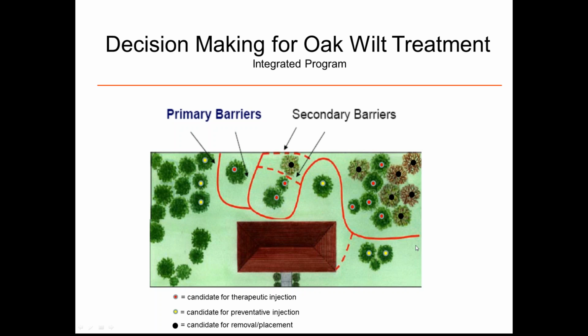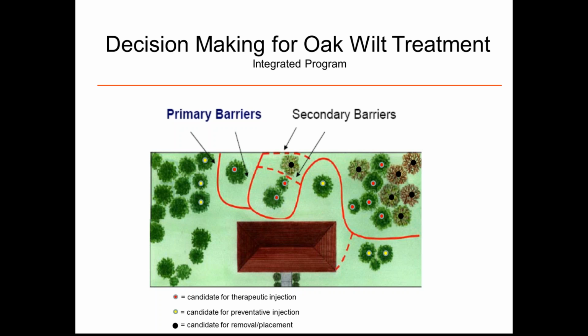We have shown that trenches are about 70 to 80% effective, so you're going to have some breakovers at times, usually because the trench wasn't put in deep enough, and so therefore it's a good idea if you have high value trees to have those on the outside of the trench treated preventatively. So you put all these tools together, and we have found that we can control oak wilt very nicely in Texas and also save trees.